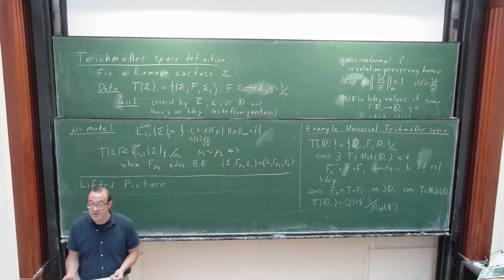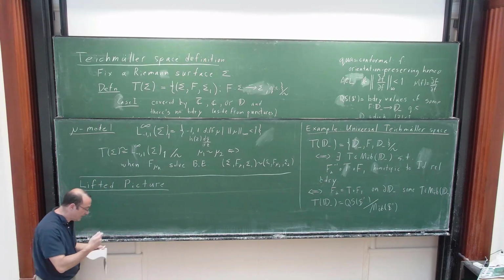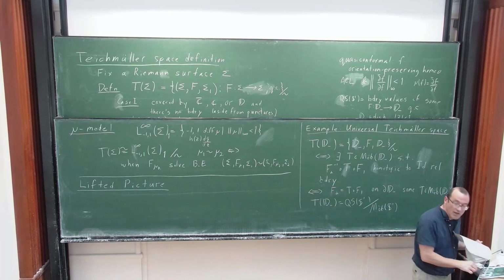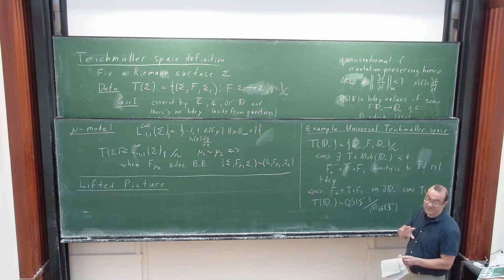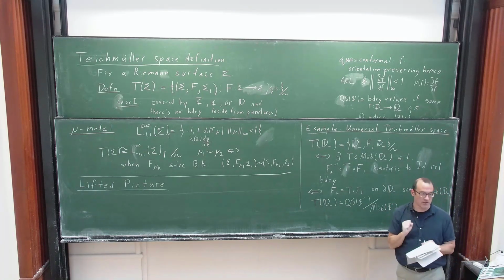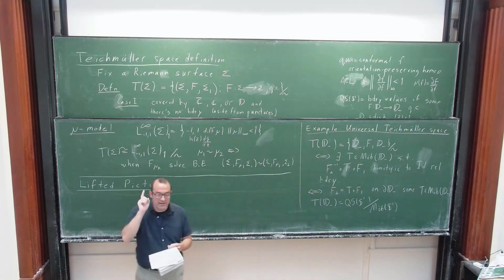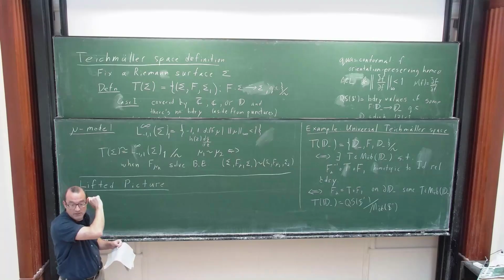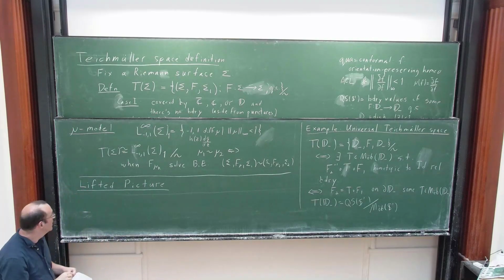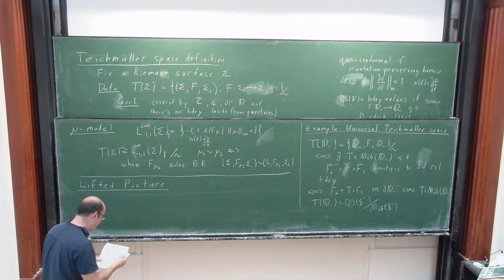That's a perfectly reasonable thing to do, and it's nice to think about the cover. But I found that when trying to write the correspondence with the Segal space, it obscures things. So that's why I gave the definition in the way I did, which is equivalent to when you do it in the lifted picture. But now I just want to come back to the lifted picture because it needs to be done.